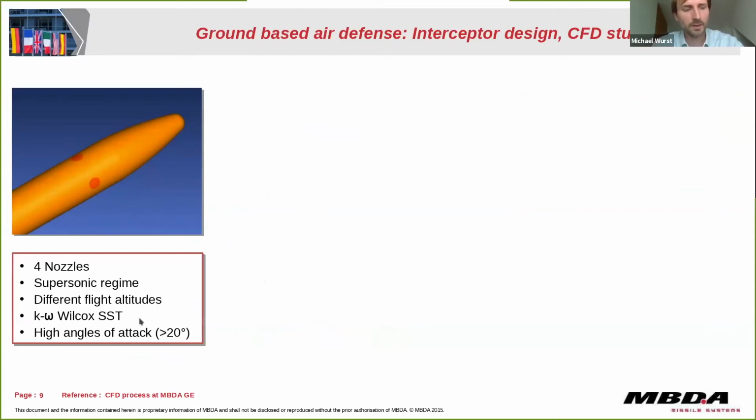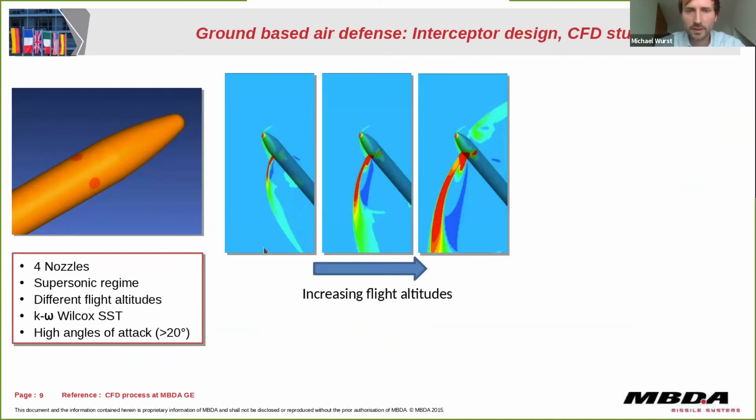And I did this with different angles of attack, of course. One result, which you could see here, is that these jets have a huge dependency on the flight altitude. If the flight altitude is increased, the influence of the jet gets a bit stronger, or has a different influence compared to a lower flight altitude.